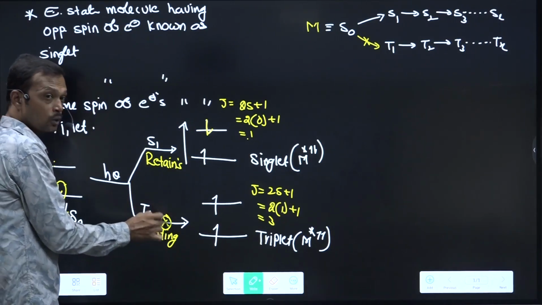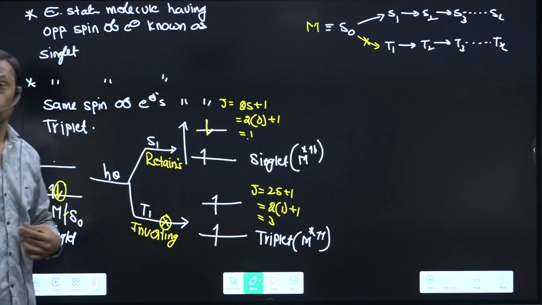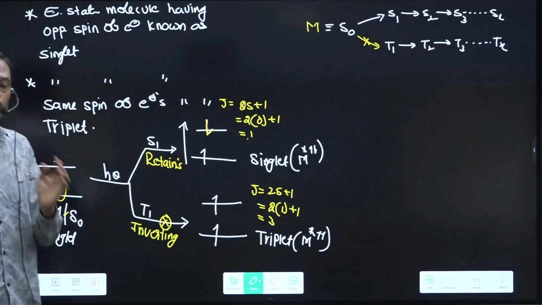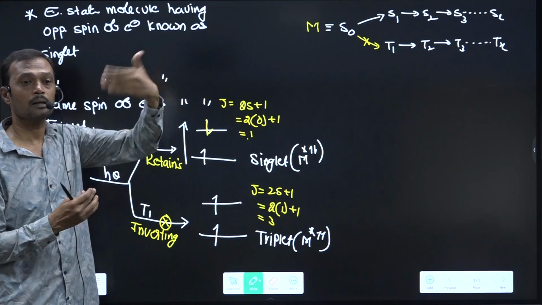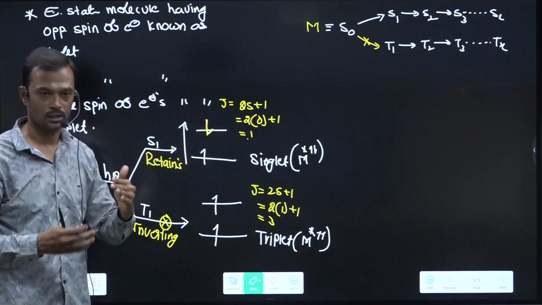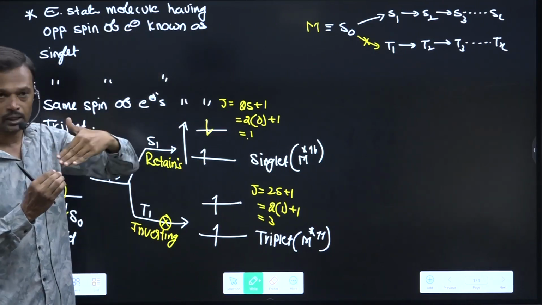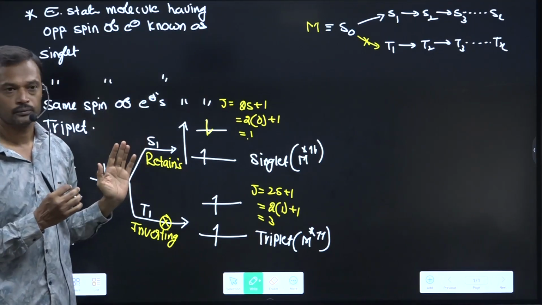This is possible only with photosensitization. A new concept is going to come, photosensitization. Be prepared. If any molecule is absorbing energy, it will excite by retaining its multiplicity. Singlet to singlet, triplet to triplet, but singlet never gives triplet, and triplet never gives singlet.